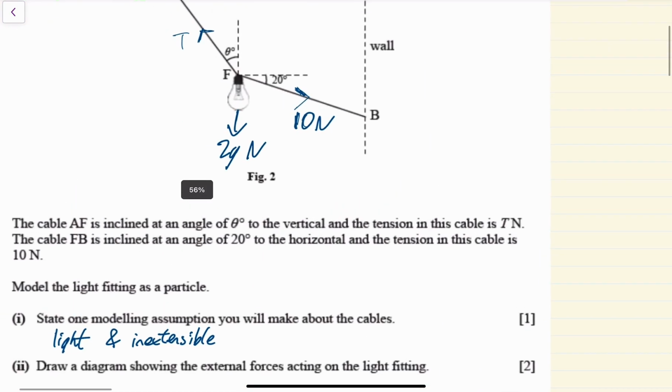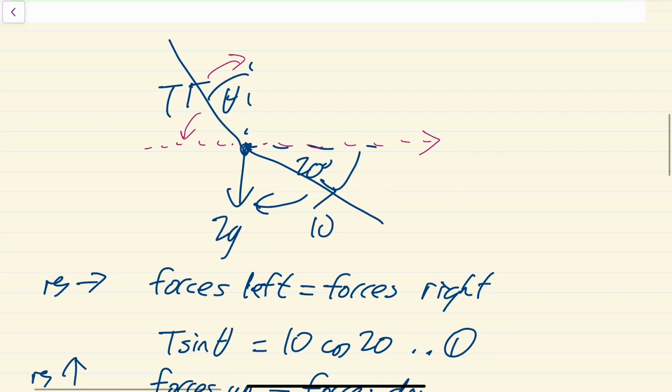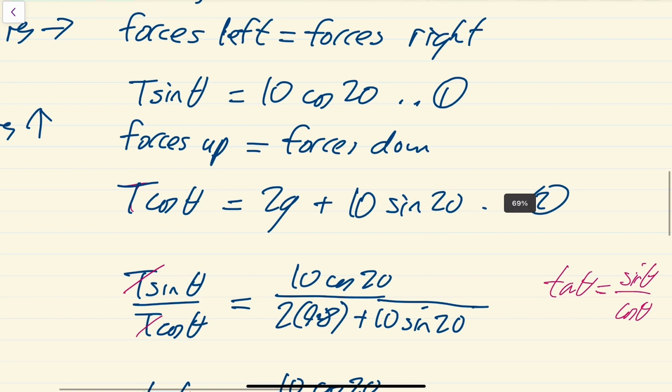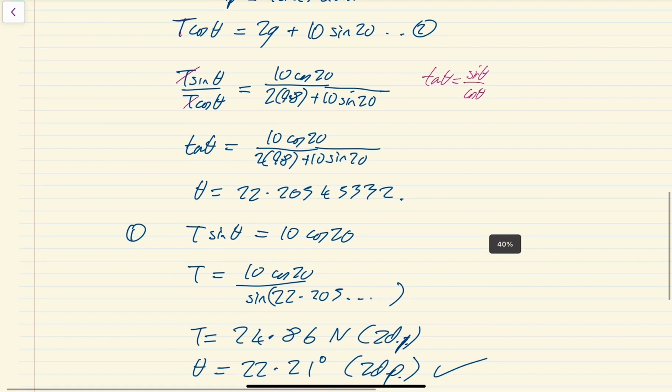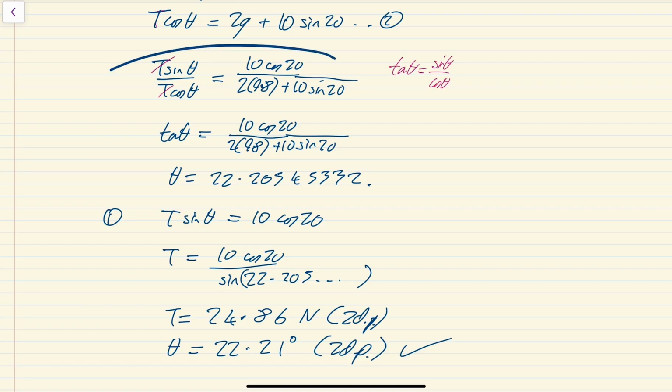So all you can do in a question like this: resolve to a diagram, resolve horizontally if it's an equilibrium, your forces left equal your forces right, your forces up equal your forces down, and there you have it. That's how we go about it. But this wee trick here, very, very important that we know this wee trick.